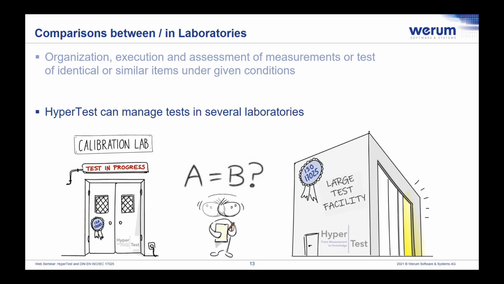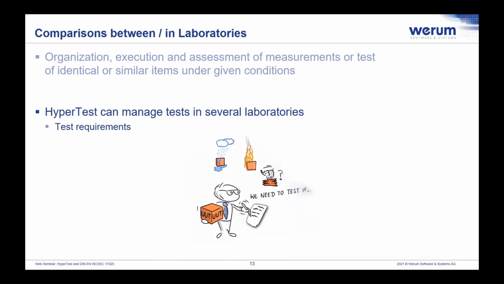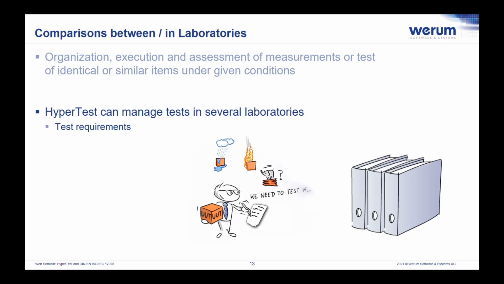HyperTest is capable of managing tests executed in other laboratories, which enables comparisons between laboratories. HyperTest manages the test requirements and ensures that only defined test methods can be selected for the requirements. Standards for test can be managed in catalogs.